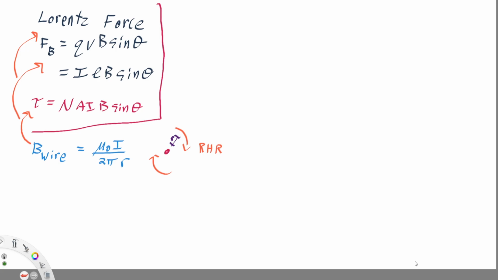So moving charged particles can create B fields, but the maybe more surprising result is that changing B fields can actually create a voltage.